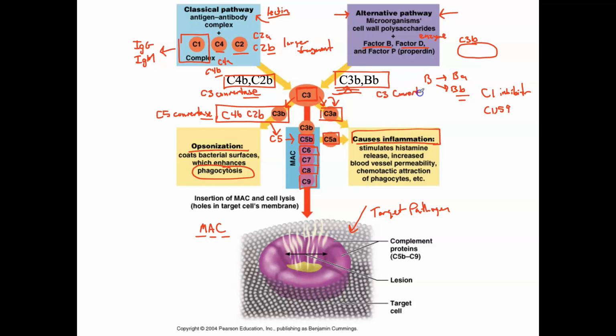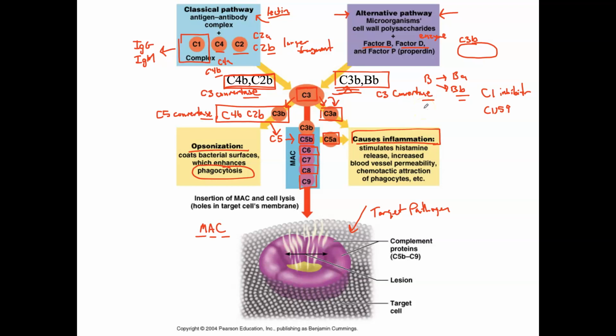Because remember, the classical pathway used the C4b protein and the C2b protein in order to create C3 convertase. So this is an alternative version of the convertase enzyme.